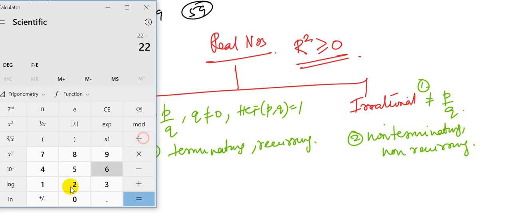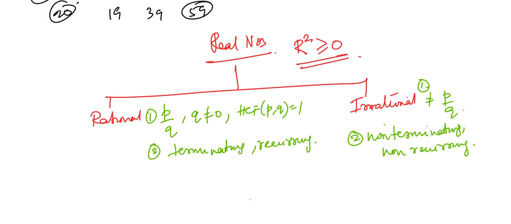Now 22 divided by 7 is a repetition of 142857, and this is by definition a rational number. So 22 by 7 is an approximation of the number pi. The actual number pi is not equal to 22 by 7. So these are the two definitions of rational and irrational numbers.